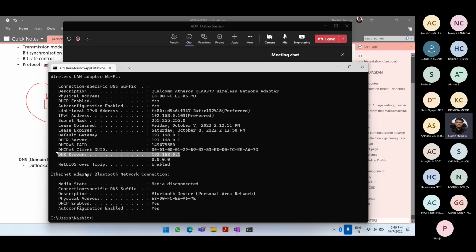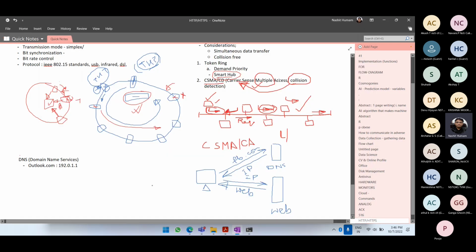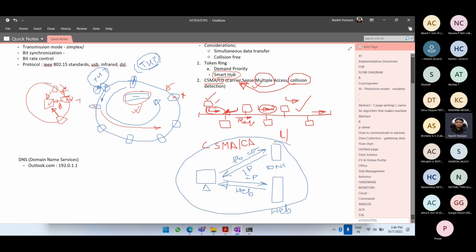So again, whatever I told, I would be getting back to it again. But seeing this photo or this block, many of you might get confused like, where is this DNS? How do I get to this DNS?